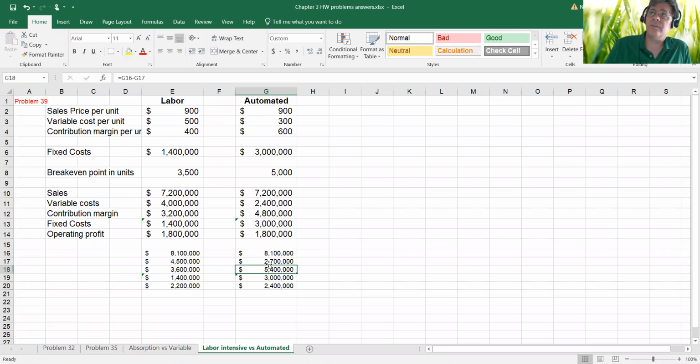Think of it in terms of, the example I often use is a seesaw at the playground. How far up or down you go depends on how far you are away from the middle, right? If you're very close to the middle, you don't move that much up or down.